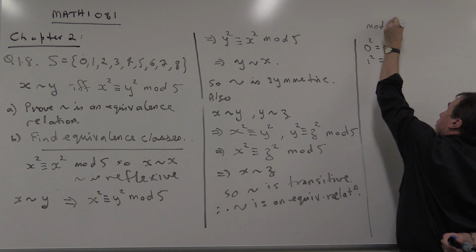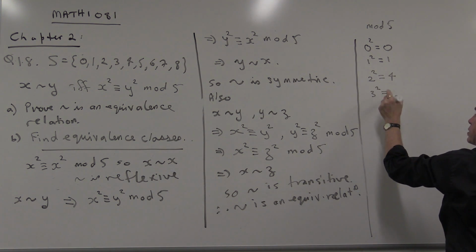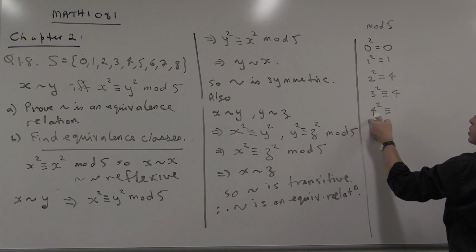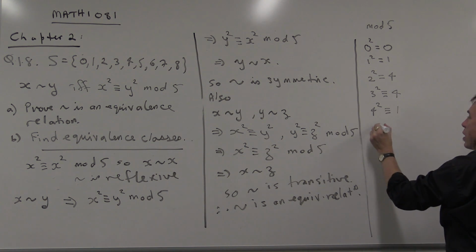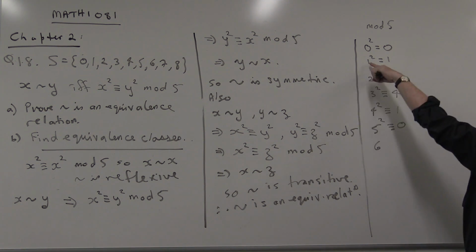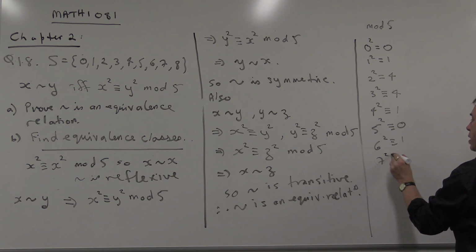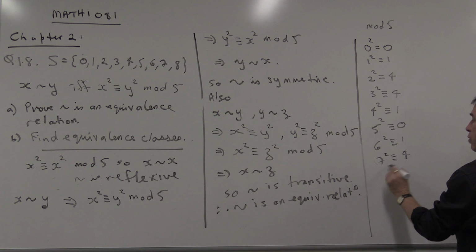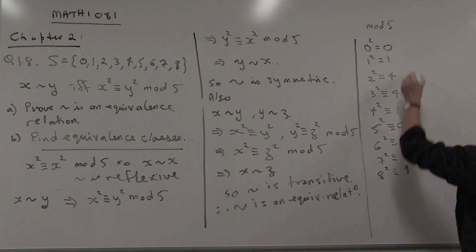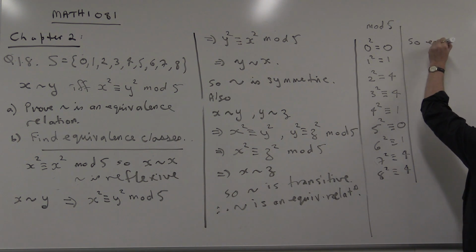I'll put up here mod 5 to save writing it. 2 squared is 4, 3 squared is 9, and 9 is the same as 4 mod 5. 4 squared is 16, which is the same as 1 mod 5. 5 squared is 0 mod 5. 6, by the way, is exactly the same as 1, so you haven't got to think too hard there. 6 squared is 1, 7's the same as 2, so that's 4, and 8's the same as 3, so that's 4.